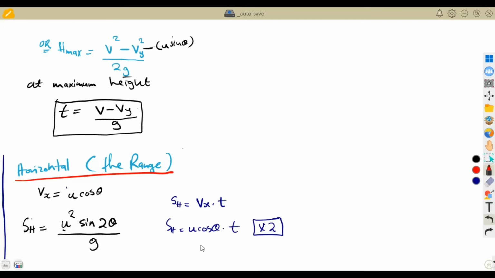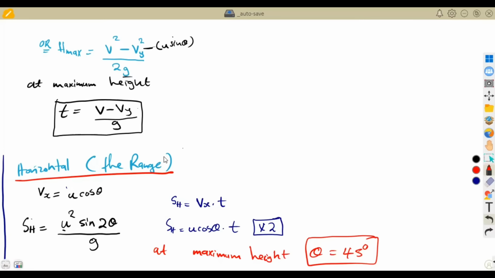And whenever you'll be talking of the maximum range or the maximum distance that is being taken, our theta is supposed to be taken at 45 degrees.